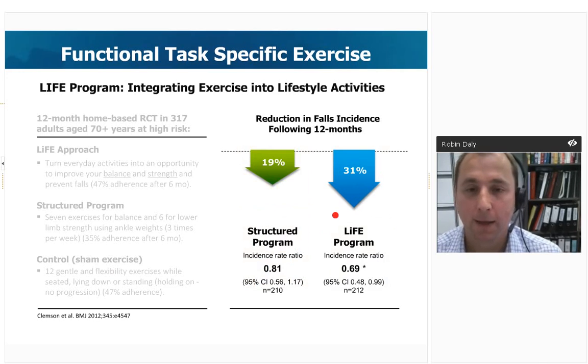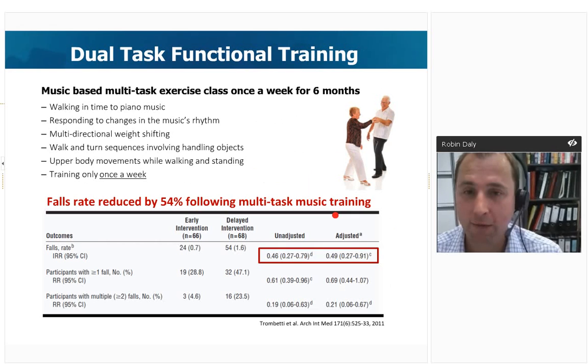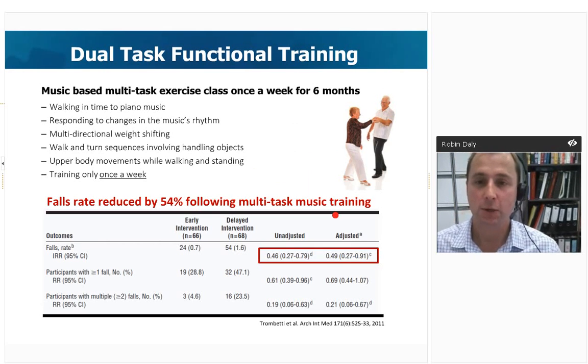The other important point to bear in mind for some of you which might like social activities is dual task functional training. So dual task training basically means you're doing an exercise with an additional cognitive or motor task. So dancing is a perfect example. You're trying to listen to the music, you're still trying to exercise, and so it's like a cognitive and motor task in addition to your exercise.